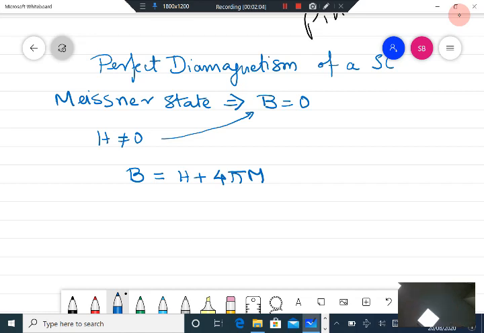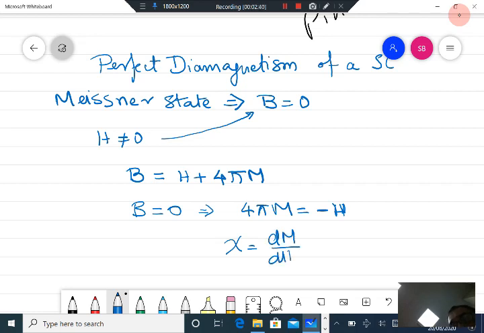Now in the case of a superconductor, the currents which are generated are very large diamagnetic shielding currents, which completely compensate the applied field. As a result, B becomes equal to 0. So B equal to 0 implies that 4 pi M is equal to minus H. Of course, this 4 pi is a matter of units, so M is equal to minus H. Or if you say susceptibility, the DC magnetic susceptibility dM by dH, is equal to minus 1 over 4 pi.